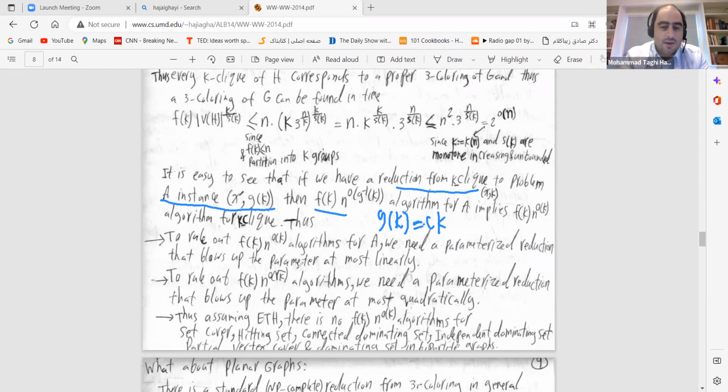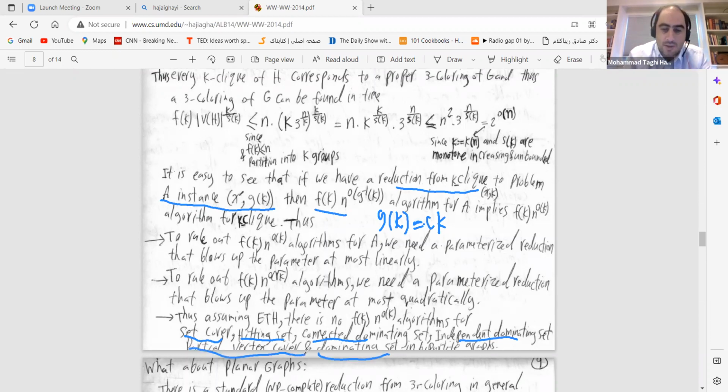So in that case, the blow-up in the parameter would be linear. In those types of problems, for example, this type of reduction works for set cover, hitting set, connected dominating set, independent dominating set itself, and partial vertex cover.